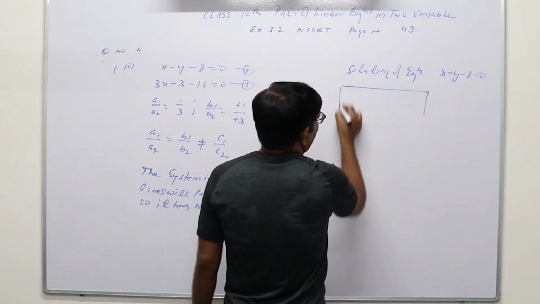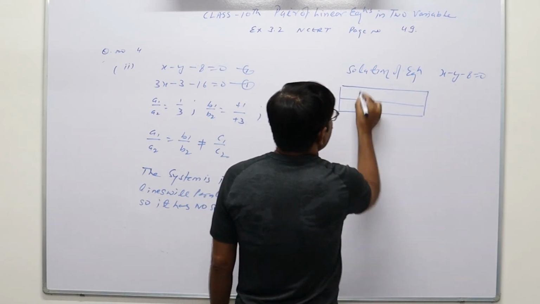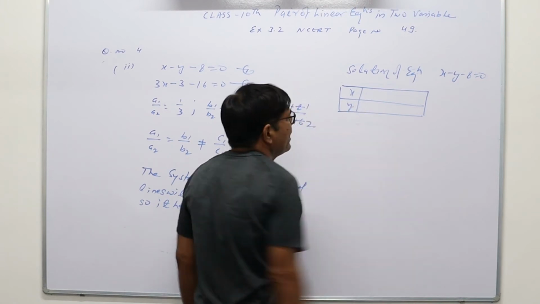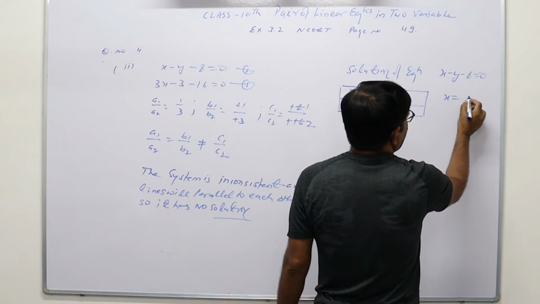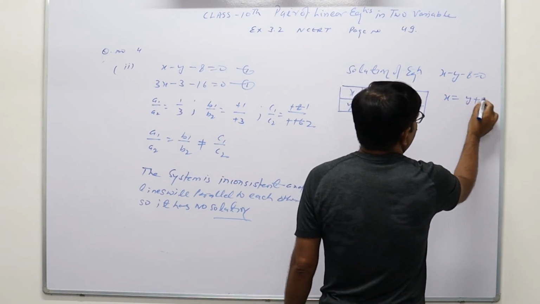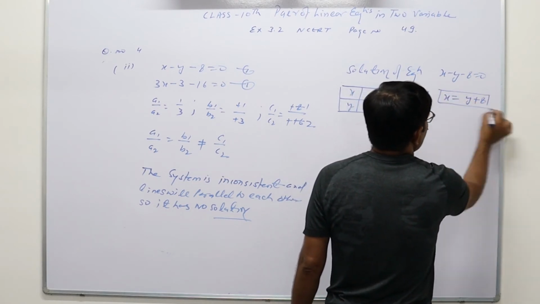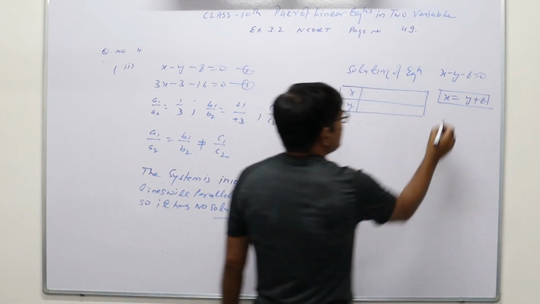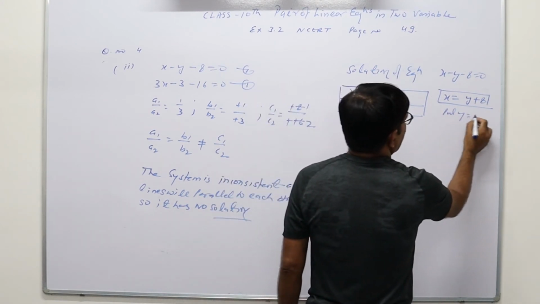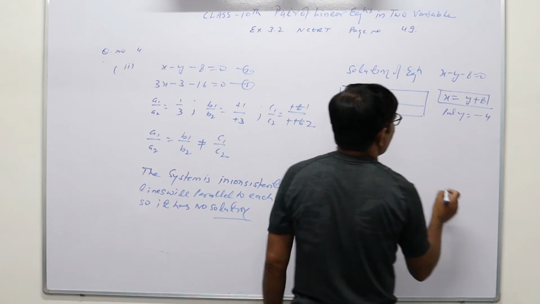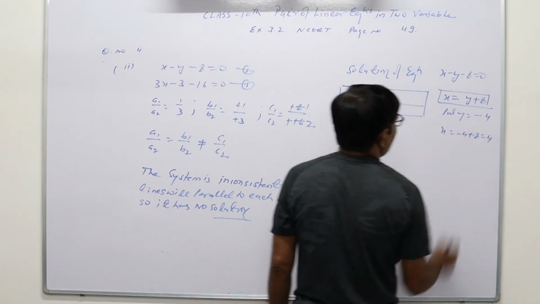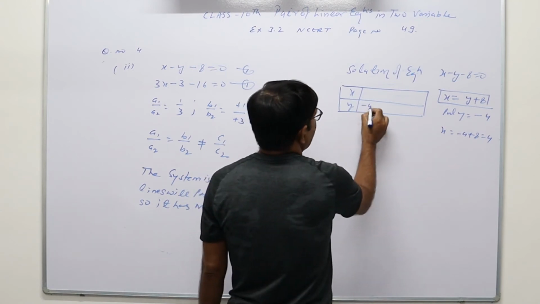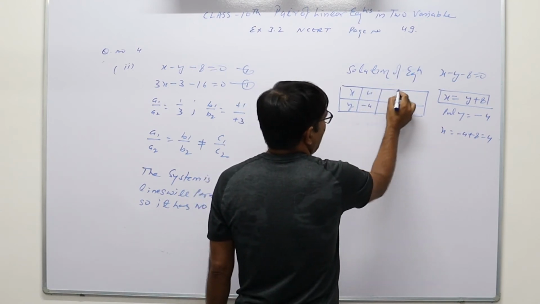So make a table, x, y. Express the equation for x in terms of y and a constant. So x will be equal to y plus 8. Put y is equal to minus 4, then x will be minus 4 plus 8, that is 4.